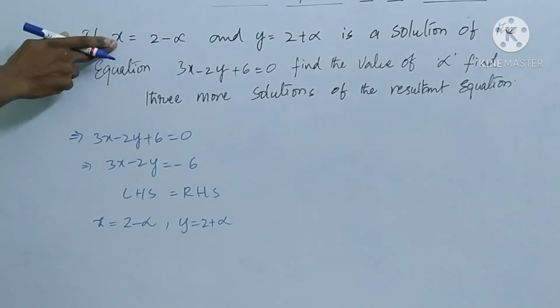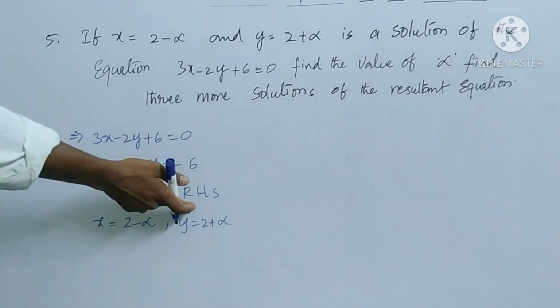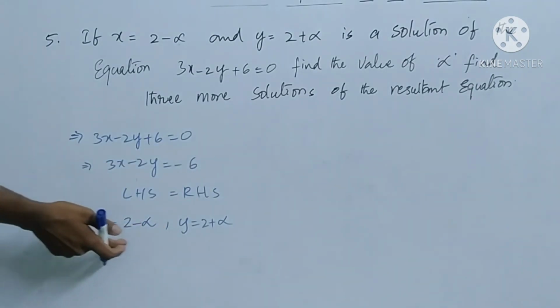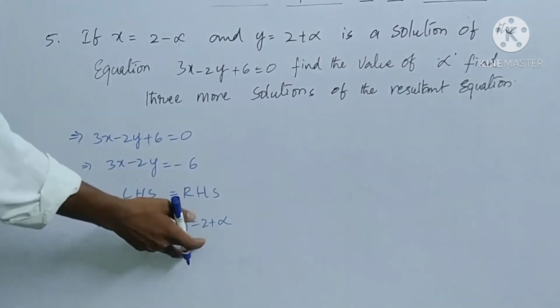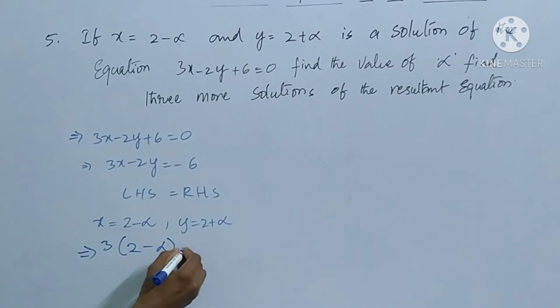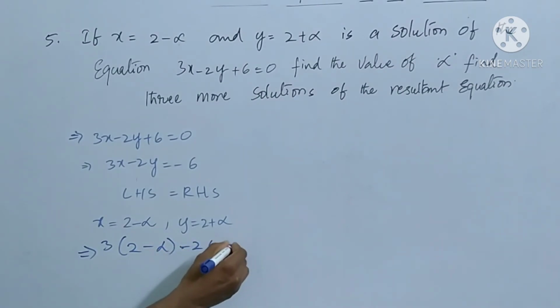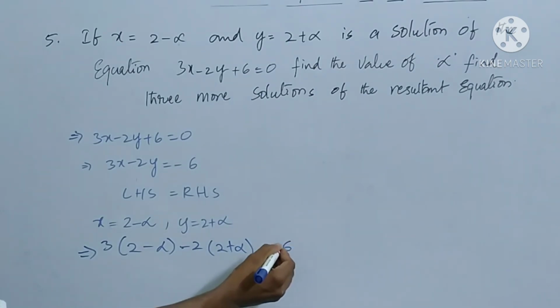Here x and y is a solution of the equation, which means LHS is equal to RHS. When x is equal to 2 minus alpha, y is equal to 2 plus alpha, substitute these results in the given equation instead of x and y. So here 3 into (2 minus alpha) minus 2 into (2 plus alpha) is equal to minus 6.